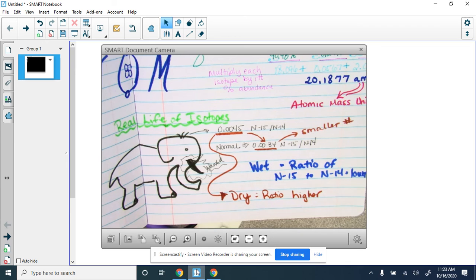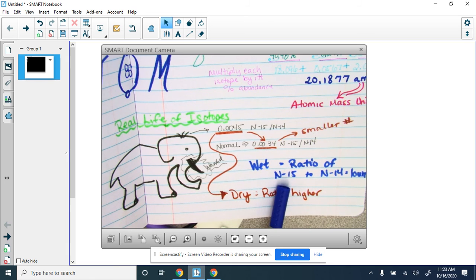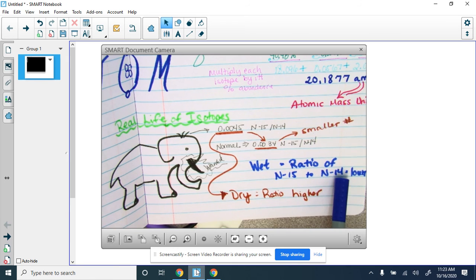To help protect the elephants against poachers, we can figure out the isotope of nitrogen in their hair, how much nitrogen there is of N15 compared to N14, and that would tell us what environment the elephants are going to be in, so that we could help send patrols out to make sure the poachers don't go to the elephants and kill them.